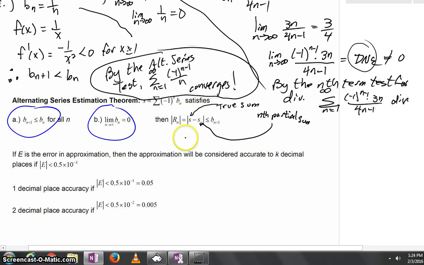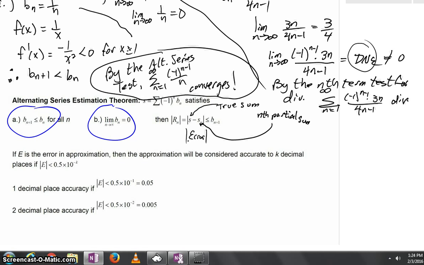So this thing right here is the difference between the true sum and your approximation. This is what we call our error. Whenever we're talking about error, we're saying take whatever your true sum is. By the way, you might not even know what it is. 99% of the time you don't.